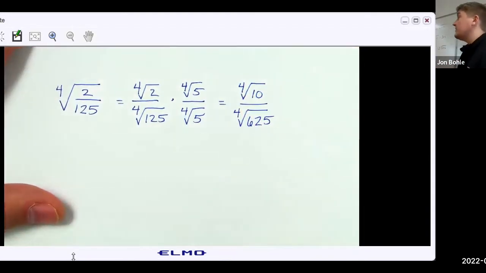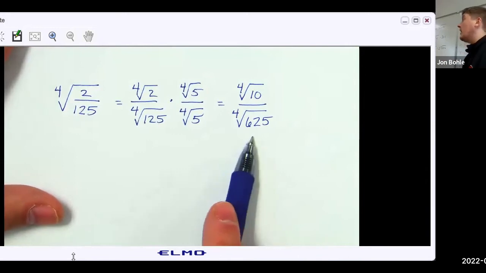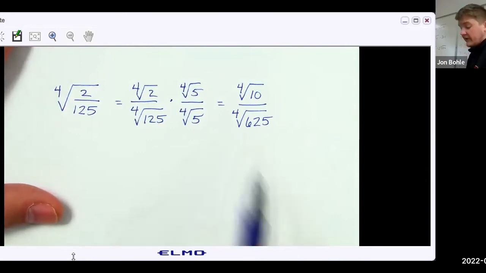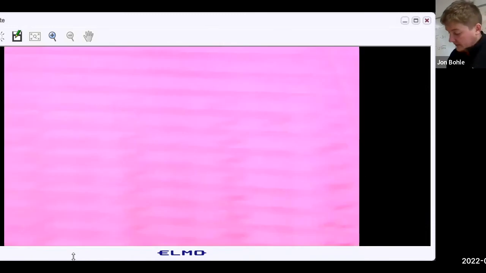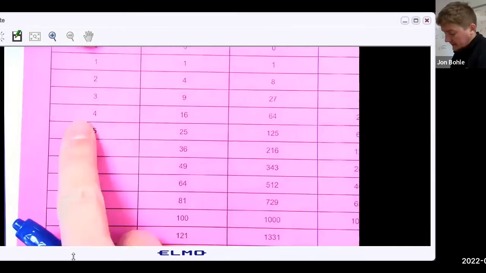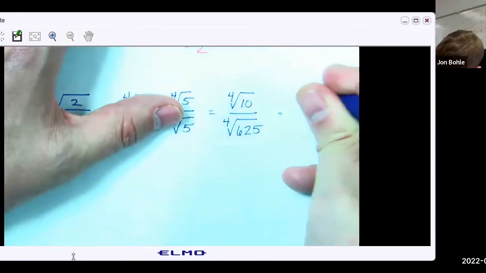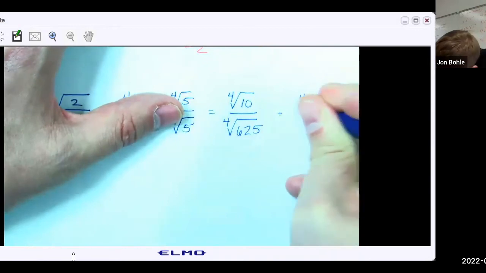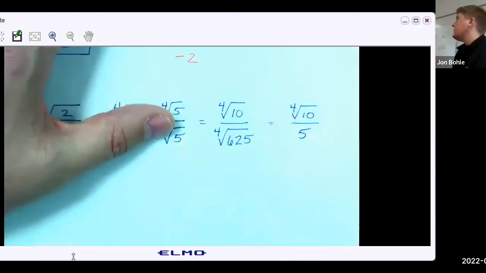And this is convenient because I cannot have a radical in my bottom, but what do we know about the 4th root of 625? Fourth power, 625. Root is 5. So this is the 4th root of 10 divided by 5. And then that's my final answer.